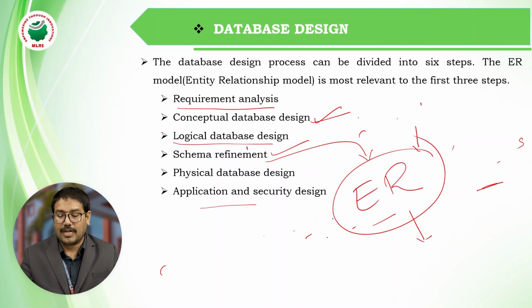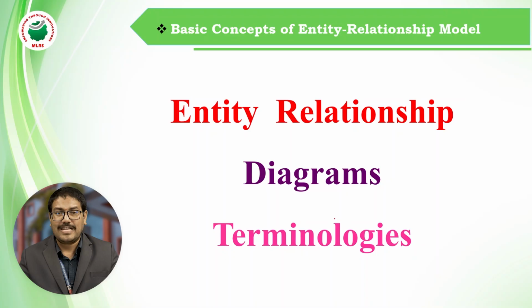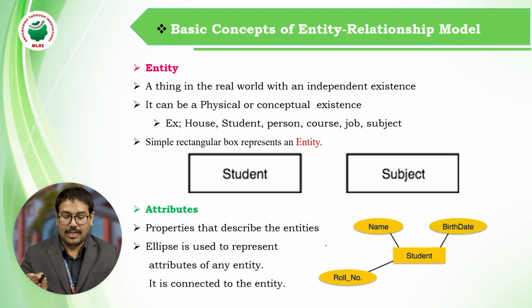After the design, we'll see some basics of the entity relationship diagram, also familiar by the name ER diagrams. It is very useful to design a database. We'll start with the various terminologies we have in the ER diagram.